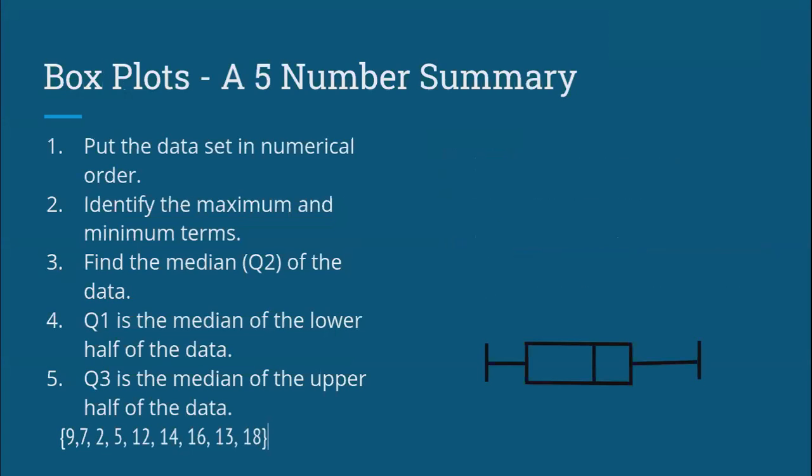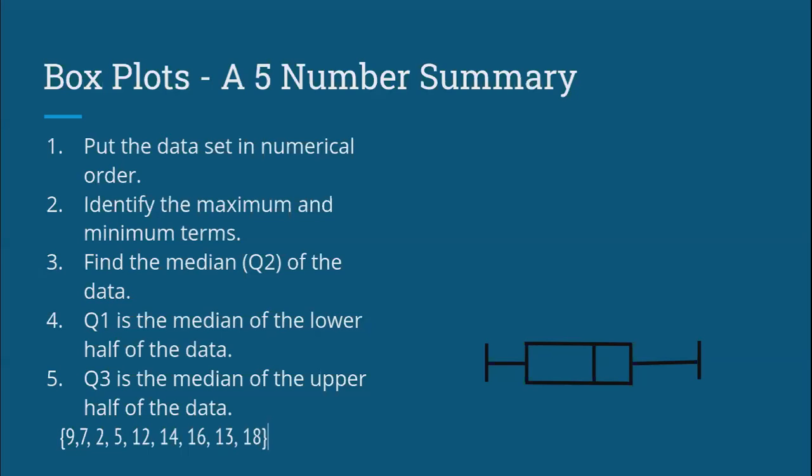Just like any other time, we're going to first put the data in numerical order. Steps 2 through 5 will then help you with the 5-number summary. In number 2, you identify the maximum and minimum terms of the data set. So that's 2 of the 5. In step 3, you find the median or the Q2 of the data.